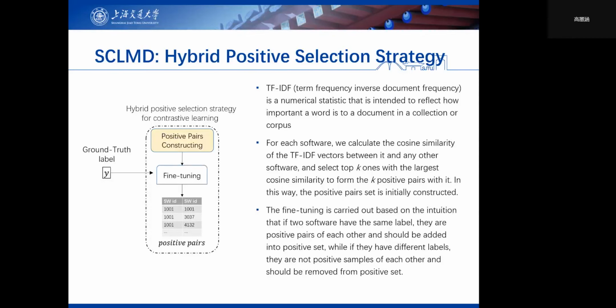When some supervised information is provided, the positive pairs set can be further fine-tuned to better guide the feature learning. The fine-tuning is carried out based on the intuition that if two software have the same label, they are positive pairs of each other. While if they have different labels, they are not positive samples of each other and should be removed from the positive set. That's how we got our positive sample pairs.